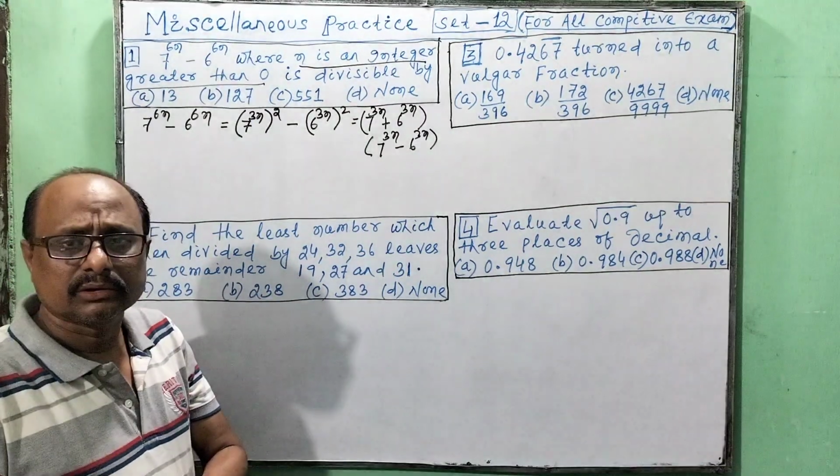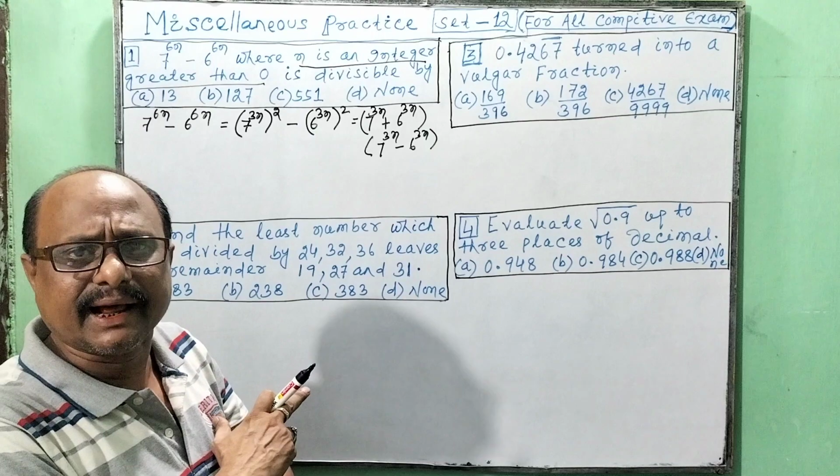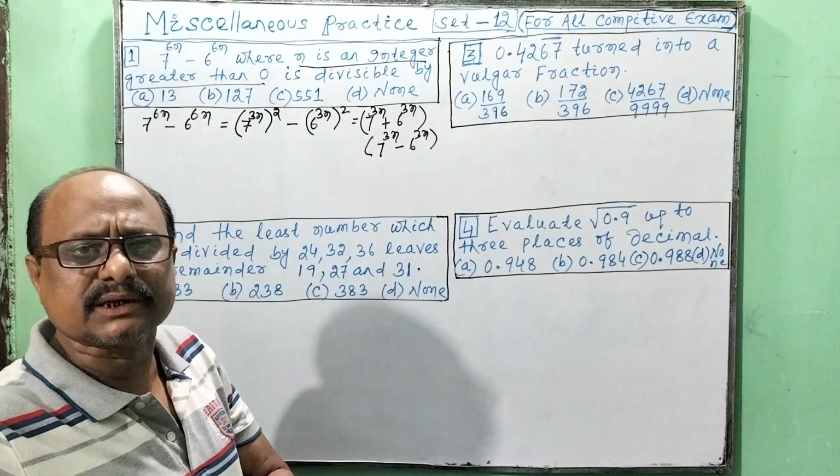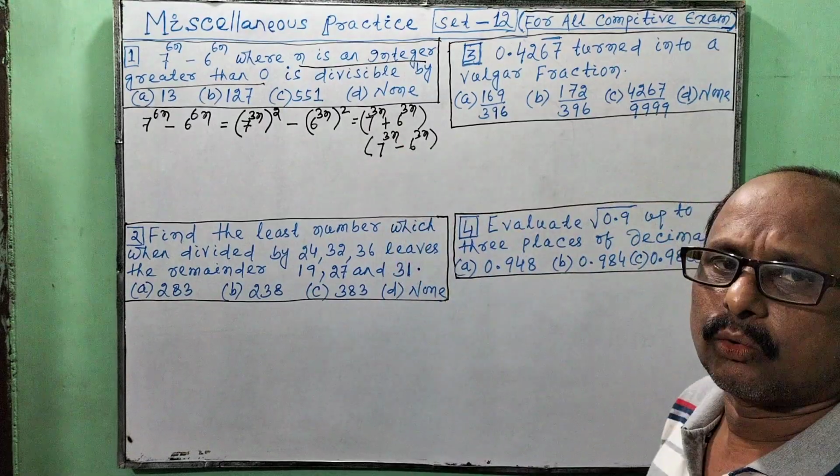Greater than 0 can be anything, 1, 2, 3, 4, 5, 6, whatever it may be, but we take greater than 0 as 1.